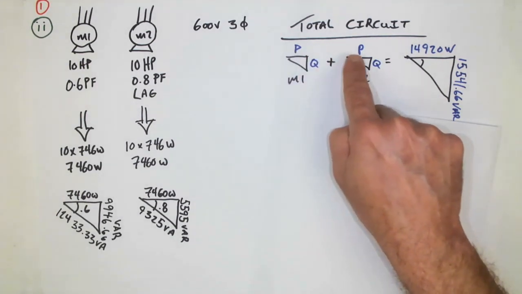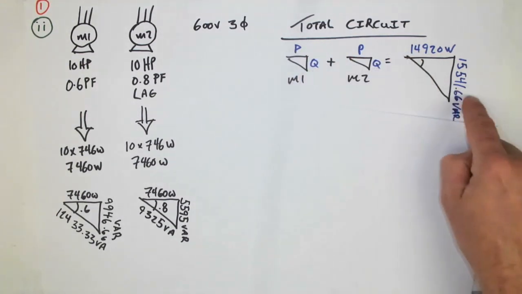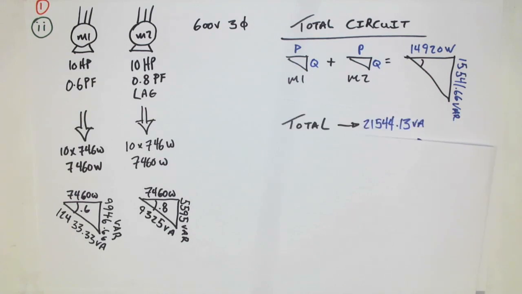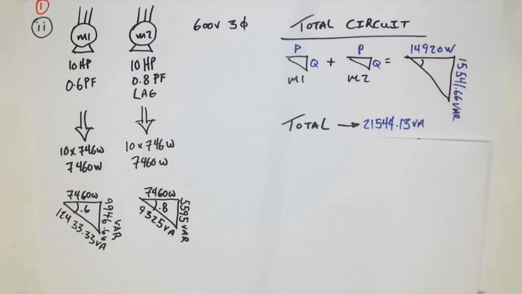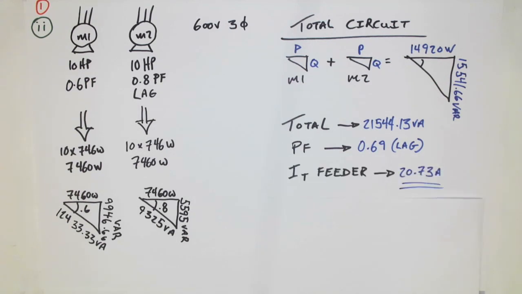We're adding the two power values together, adding the two Q values together, and then we're going to use Pythagoras in order to work out the VA. This is the total VA of the whole circuit now. The power factor of the circuit is now 0.69. And the total feeder current has risen to 20.73 amps.